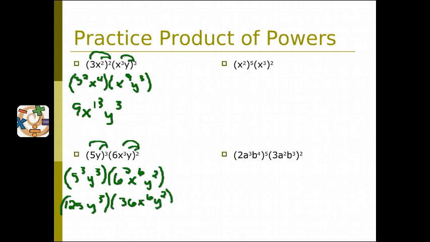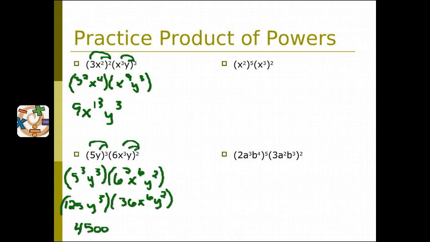Because this is still a multiplication problem, we must multiply our coefficients. So we would say 125 times 36, which gives us 4,500.